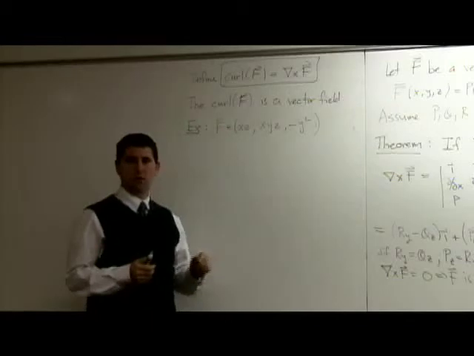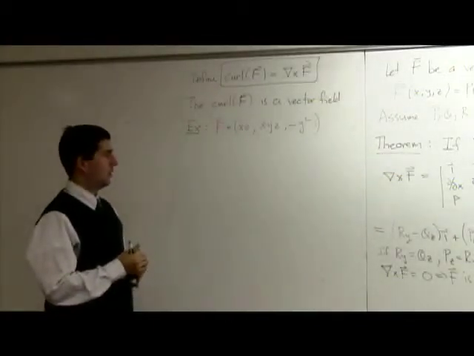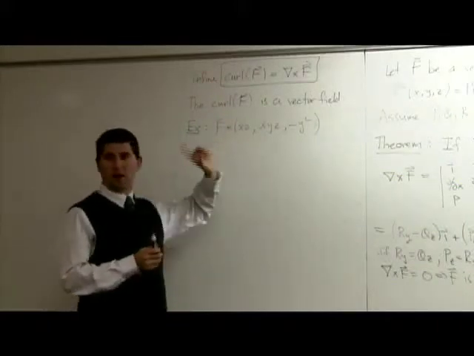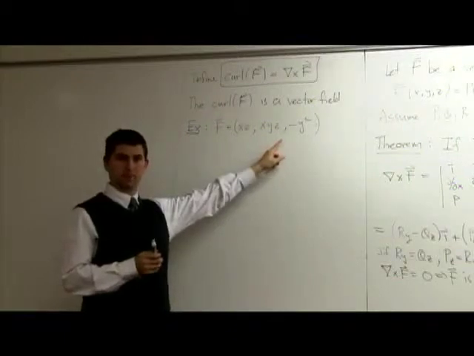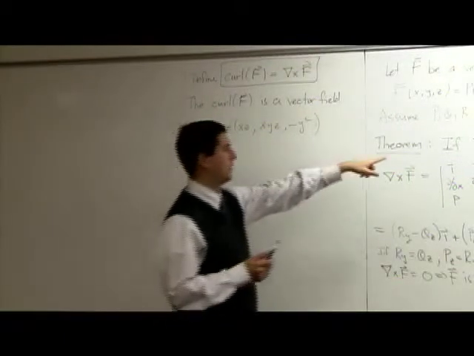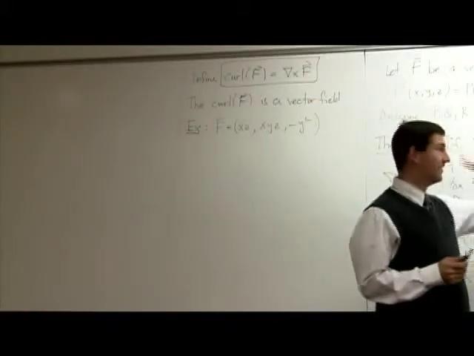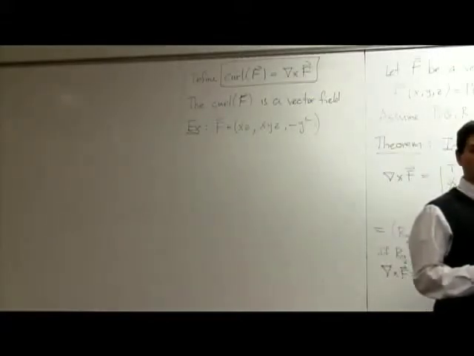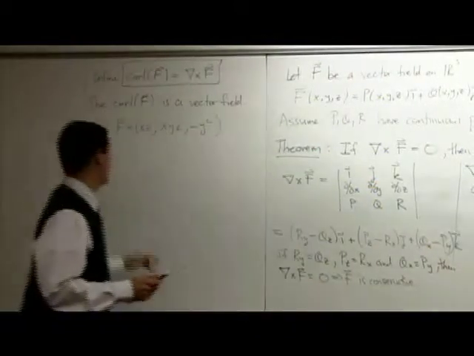So my question is, can we see right off the bat if this is a conservative vector field? This says that if this cross product is 0, then it is conservative. Now it doesn't say that if this is not 0, then F is not conservative. It's just saying if this is 0, then F is conservative.